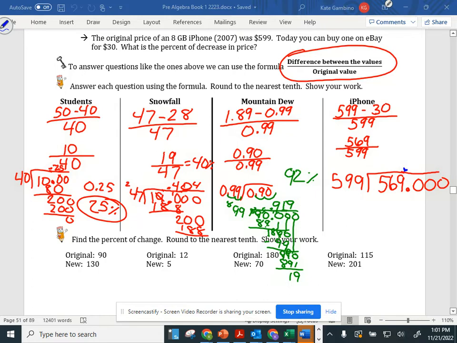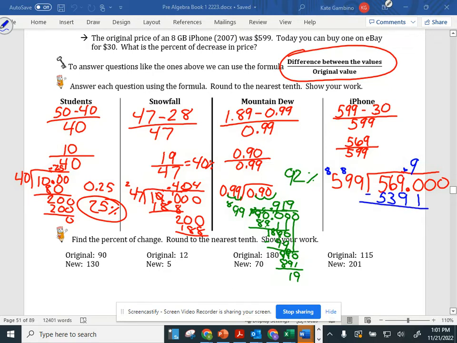So I know 599 times 10 would be 5,990, which is super close, just a tad higher. So I know to go with my 9. 9 times 9 is 81, plus 8 is 89. 9 times 5 is 45, plus 8 is 53.